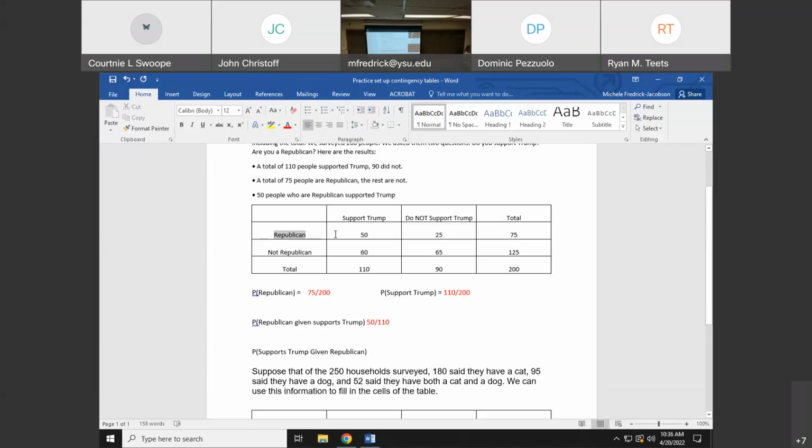Because it's given a Republican, then we know we're using this row. So it's 50 out of the 75. Yes. Depending on what was given. Any questions on that one?